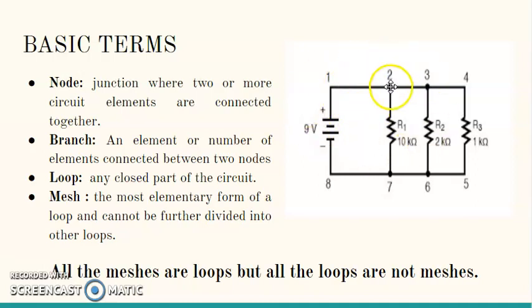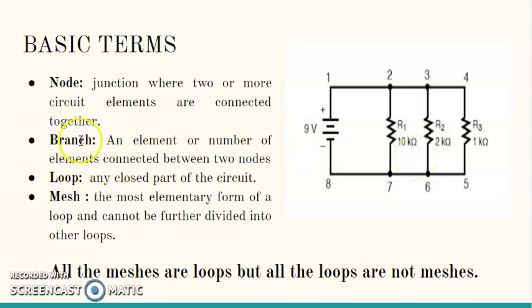Here for example, at point number 2, we have one voltage source connected in this branch, one resistor connected over it, and other resistors also connected at this particular point 2 indirectly. Hence we can call point number 2 a node. Similarly, point 3 and point 4 can also be called nodes.